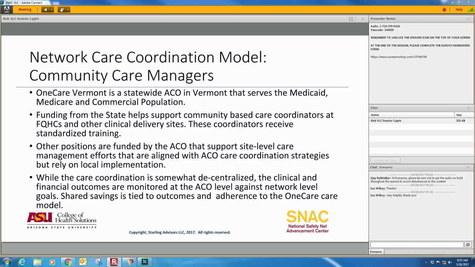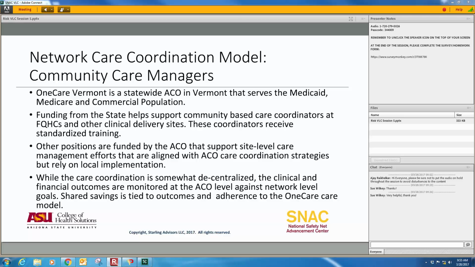However, what the ACO decided to do was to build upon that infrastructure. And so the training and the model of care coordination was essentially promulgated through the ACO based on all the important work that had been done through a very broad planning process at the state.